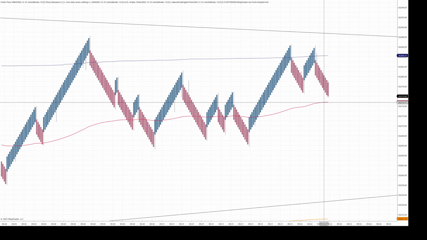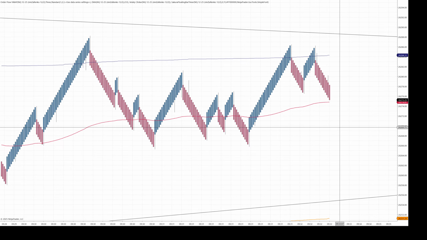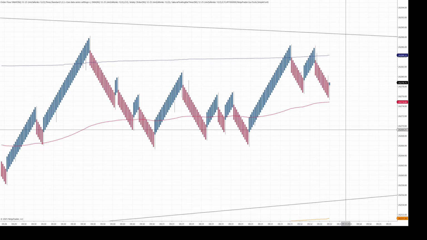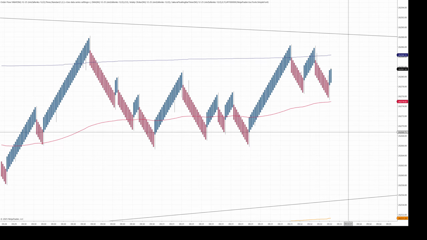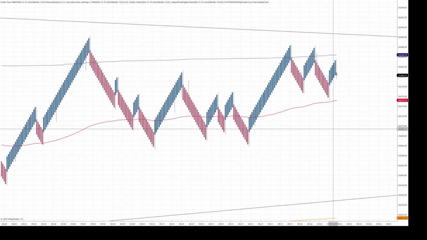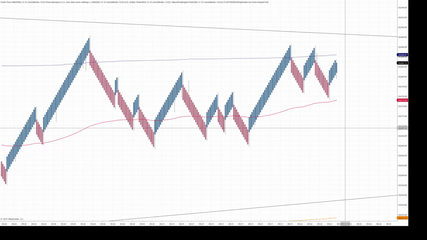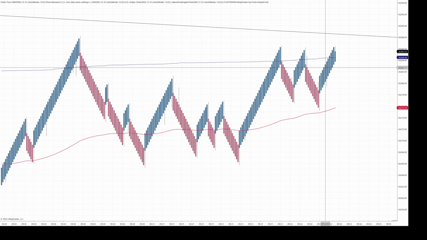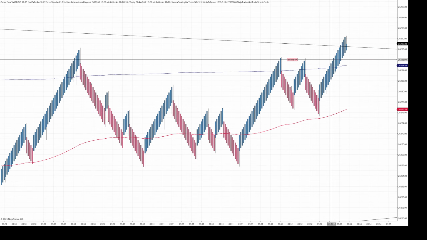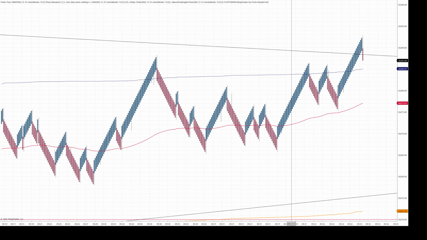And then here we're going to see if we can get the bounce back up, but I don't think there's enough room though, so we may not take a trade here. We'll see. All right, now we're moving way through the range.